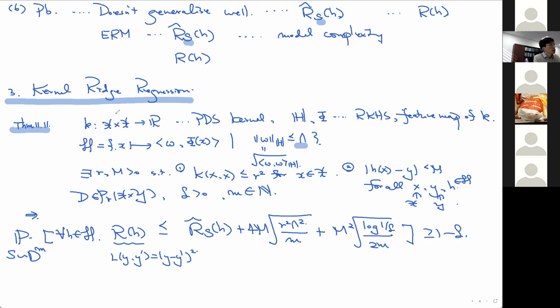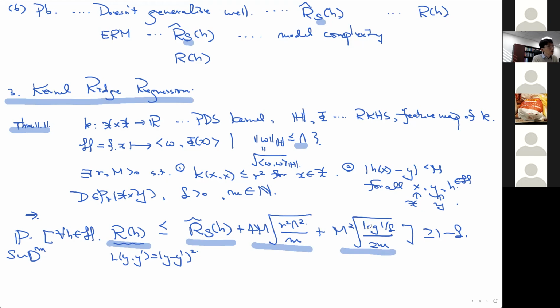So the average squared error is bounded above by the empirical squared error, the mean squared error, plus some extra terms. The first is related to the Rademacher complexity, the complexity of the hypothesis set. The second one is related to the desired precision level, delta.